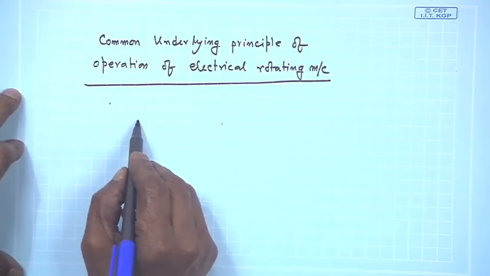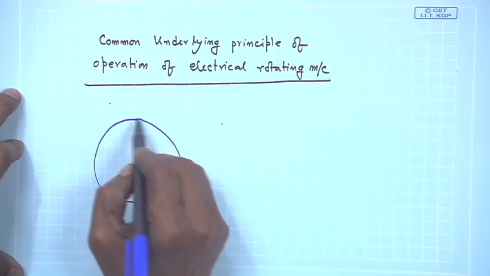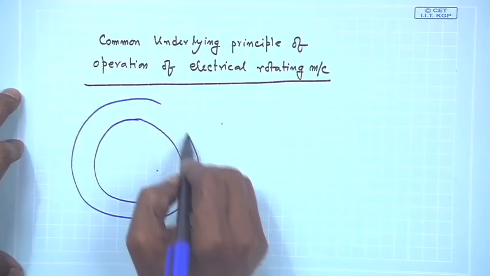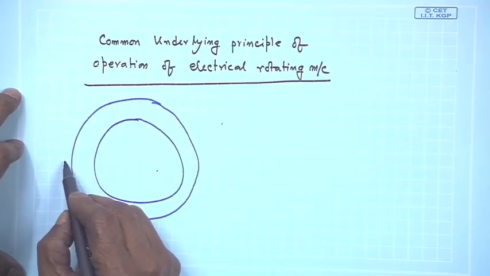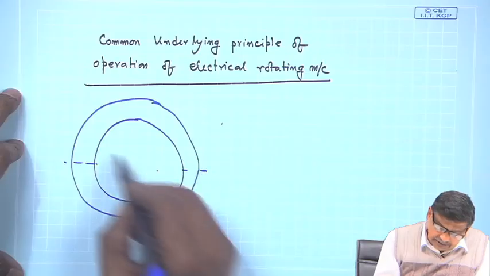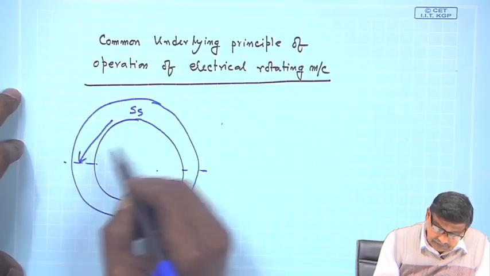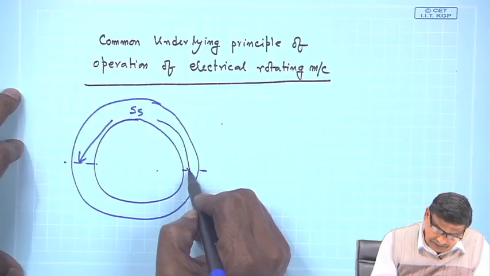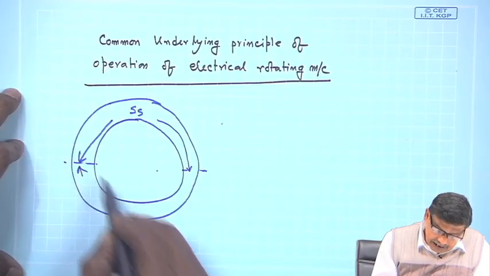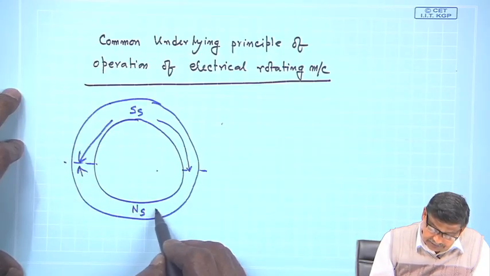Suppose here is your stator, and suppose this up is under south pole from this to this. I will draw a very sketchy diagram, and this is suppose N, S, like this.